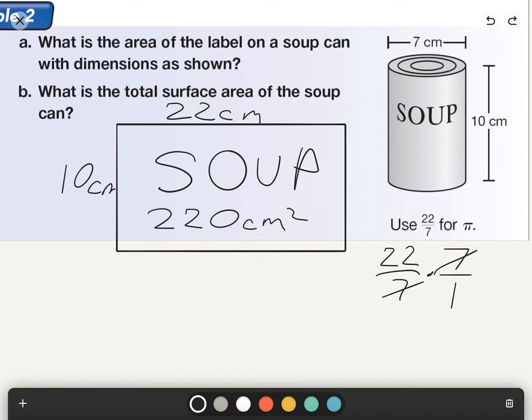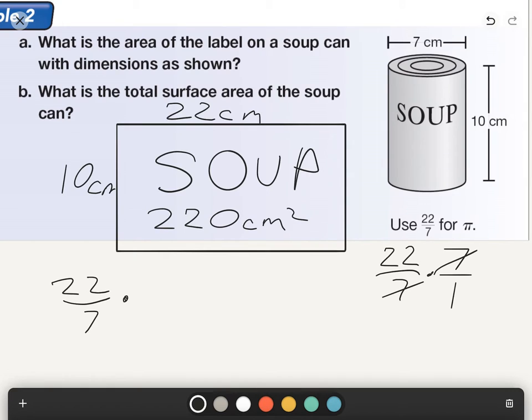Oh, yes, sir. Okay, so pi times the radius squared, or in this case, pi being 22/7, then times the radius. Now here's a neat trick though. The radius is half of the diameter, right?